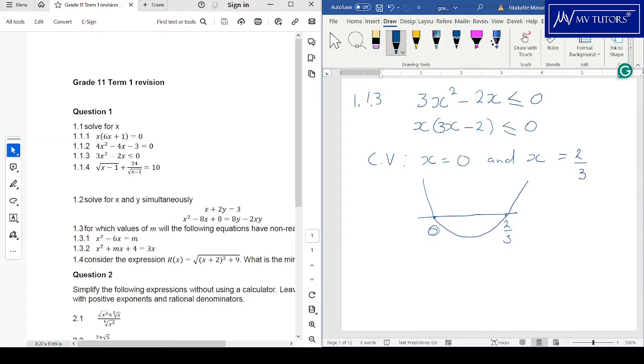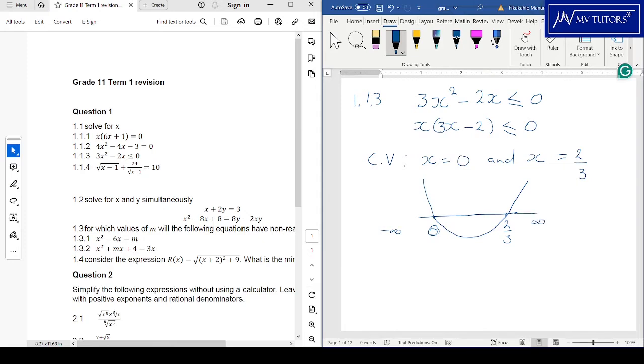So if I put my hand on the line and I look underneath, because I have 3 options, either it's going to be from negative infinity to 0, or 0 to 2 over 3, or 2 over 3 to infinity. I have 3 options.